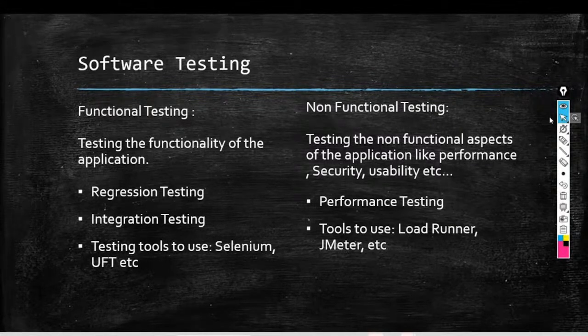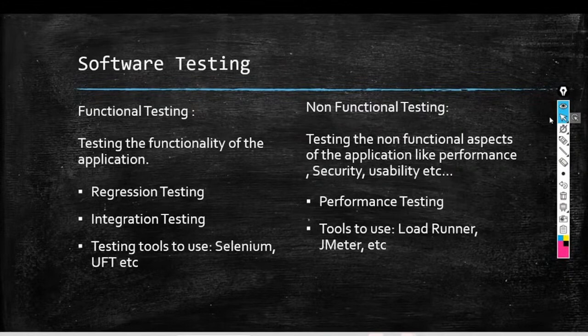So when it comes to performance testing, in that particular lift, what is the max capacity? I mean, what is the maximum number of people who can use that lift? Let's say 10.